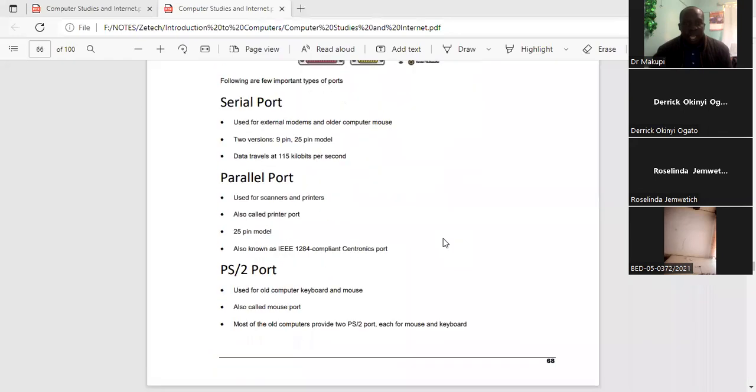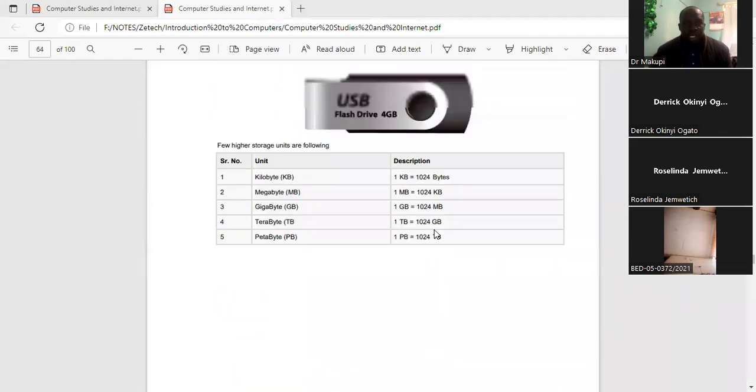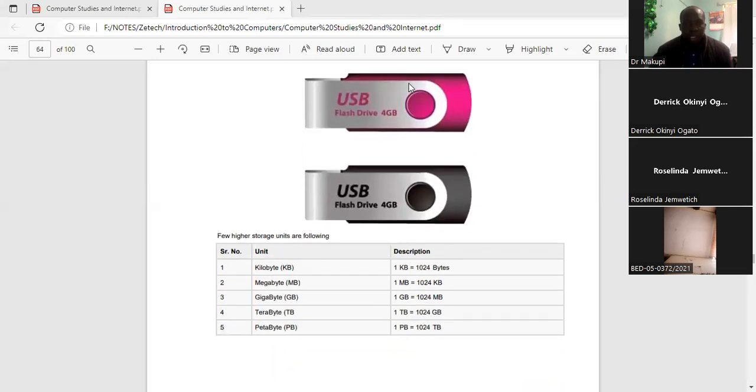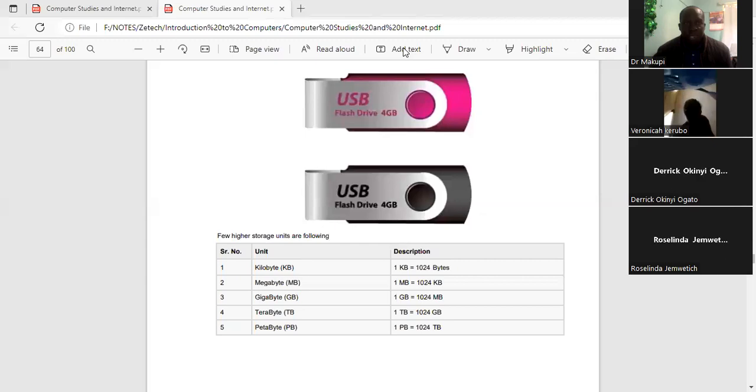So having covered the motherboards, I would want us to appreciate a little bit on the memory units. Unless there's a question first.